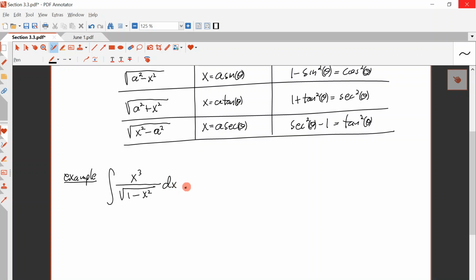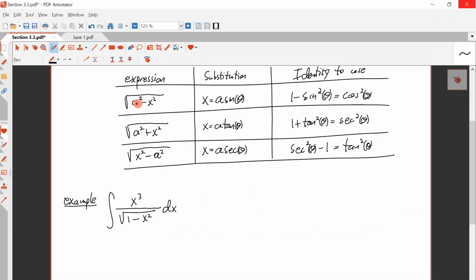Right? So here a squared minus x squared is under the square root. So we're going to use a equal to 1. So we're just going to use the substitution x equals sine theta. And when x is equal to sine theta, dx is equal to cosine of theta d theta.